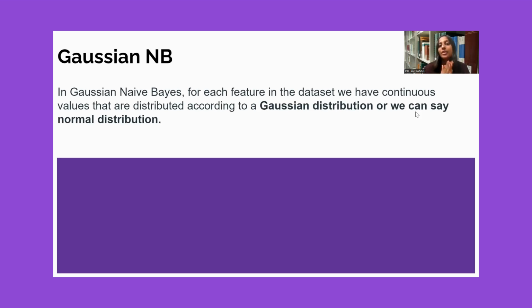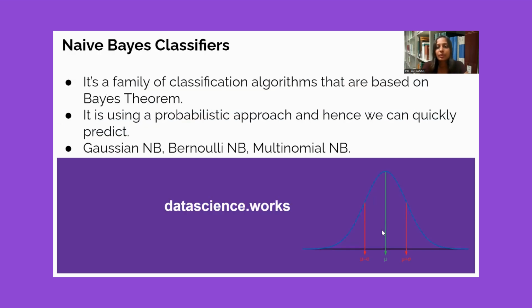If you don't know what a normal distribution is, it is basically a bell-shaped curve that has mean equal to mode equal to median, right? I'll show you how the curve looks. This is the normal distribution.